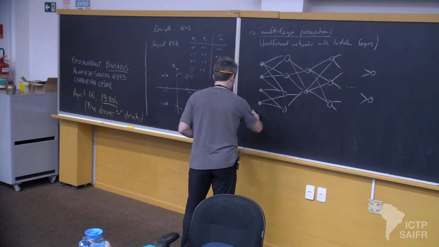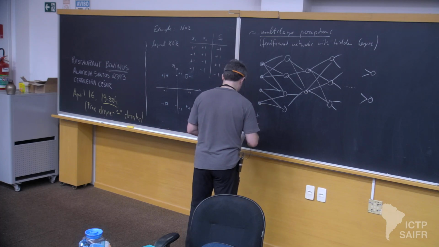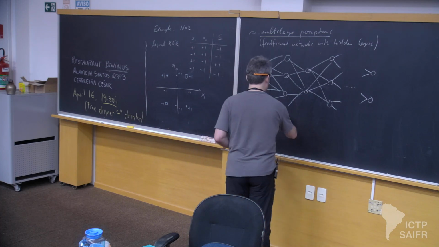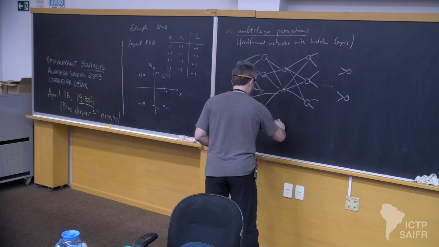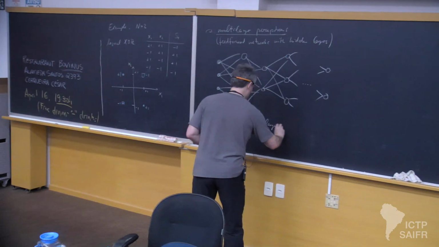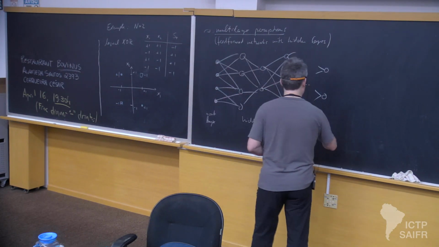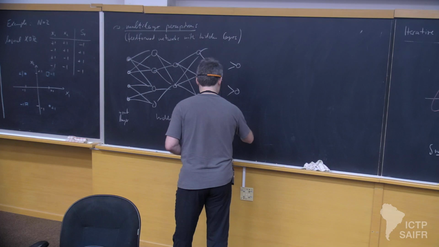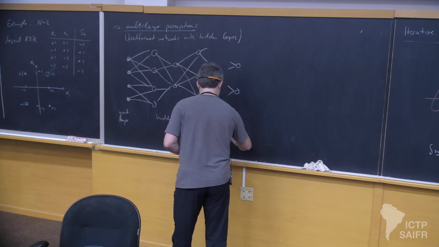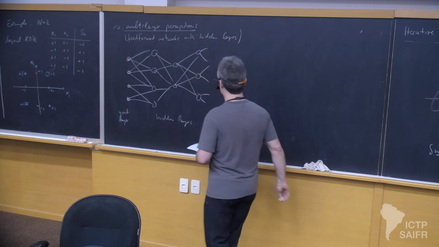So this here is the input layer, the one to the left. These are the hidden layers. And here is the output layer, the one furthest to the right.